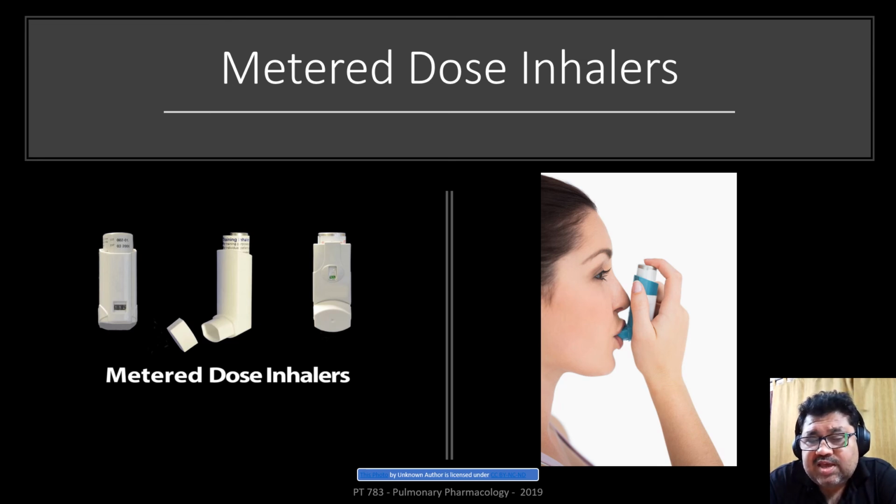This is why there is an option to modify the delivery, instead of using it the way the girl in the picture is depicting, but rather to put a spacing device between the mouth and the inhaler.